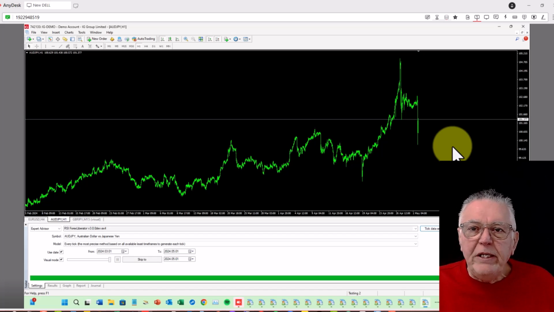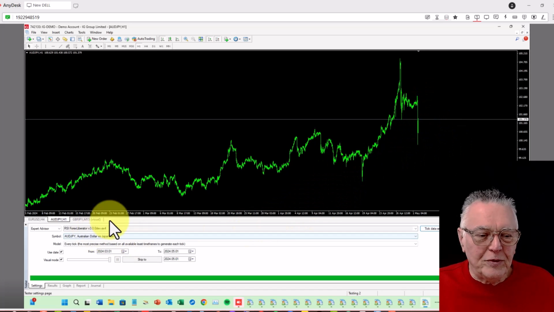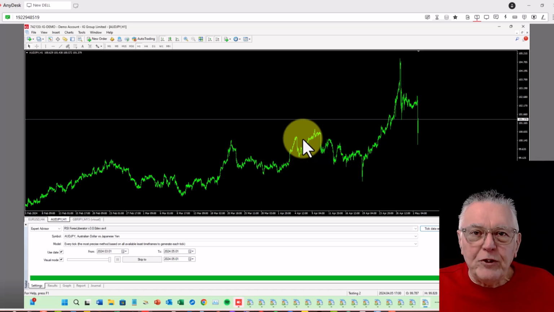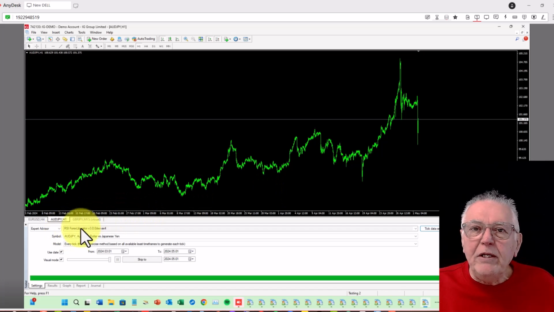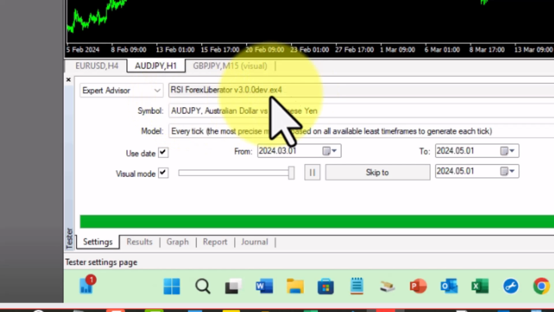And we're going to be trading the Aussie yen, which is the one you want to see on your screen, and I must say back trading them. So we're back trading them using tick data, and this pruning is currently based on the RSI Forex Liberator, and you can see that's the development version.